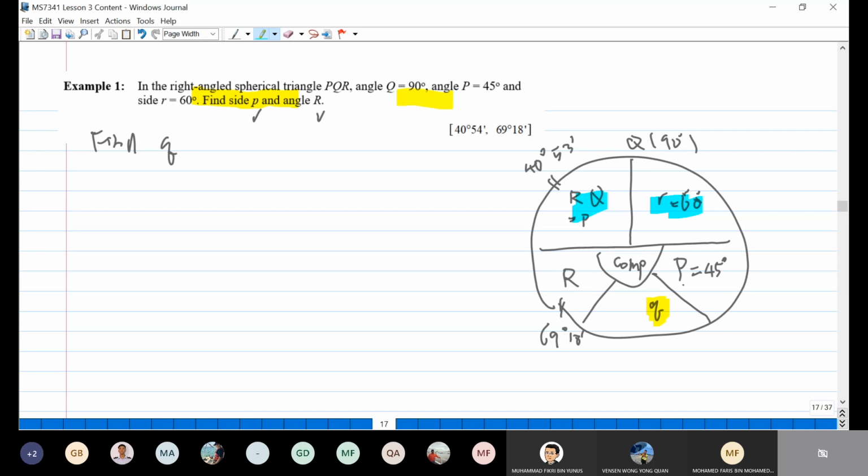Okay, so find Q here. You can actually use sine of Q here.